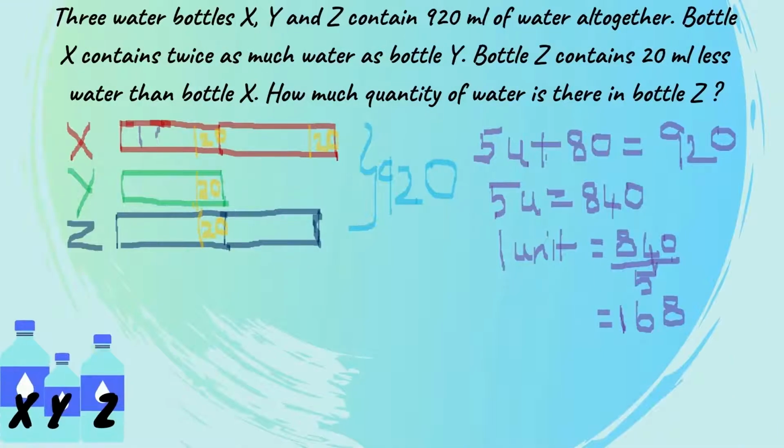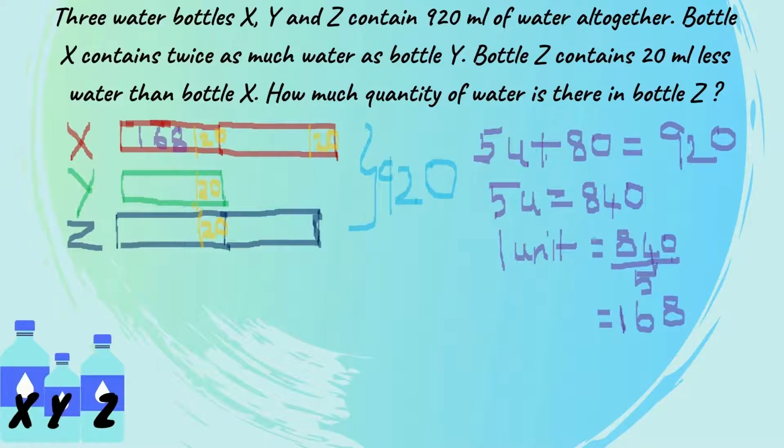Each unit is 168. Now what is the question? They have asked how much quantity of water is there in bottle Z. Bottle Z comprises 2 units and then another 20.